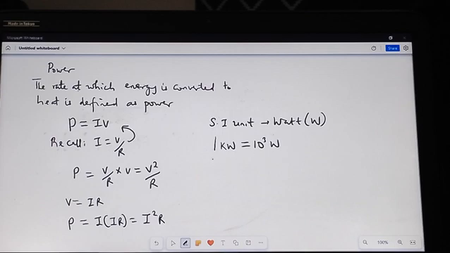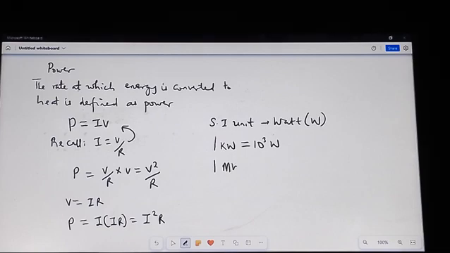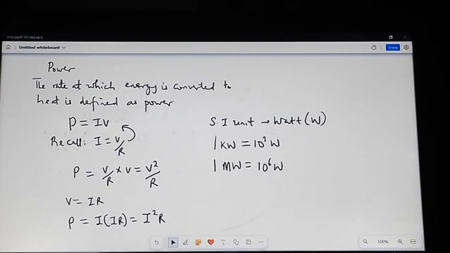We have the megawatts, so 1 megawatt is equivalent to 10 raised to power 6 watts. So let us look at a few examples and we wrap it up.